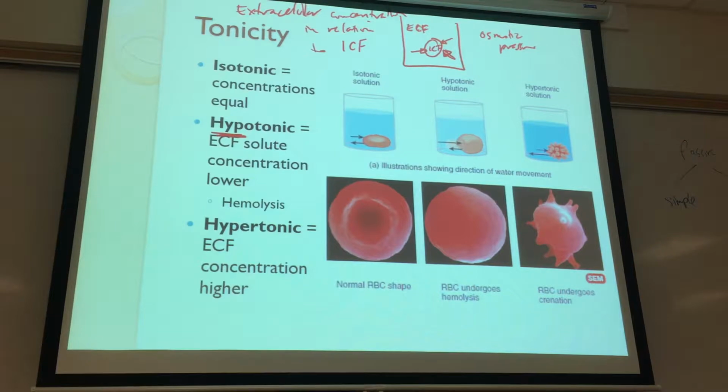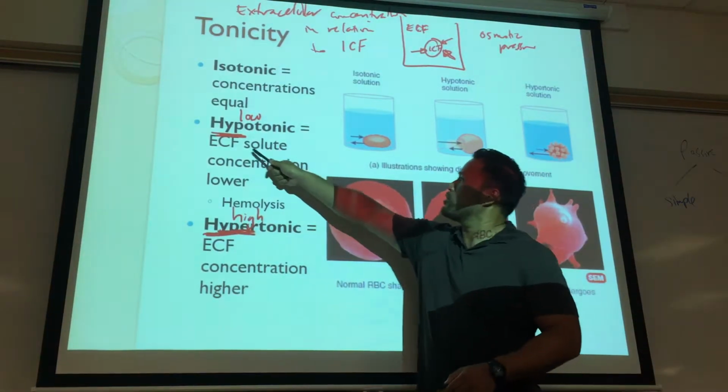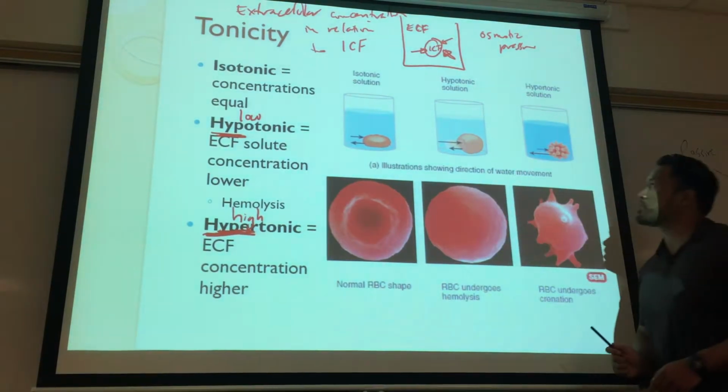Hypotonic and hypertonic represent the imbalance to that. So hypo meaning low, and hyper meaning high. Hypotonic means low extracellular solute concentration.